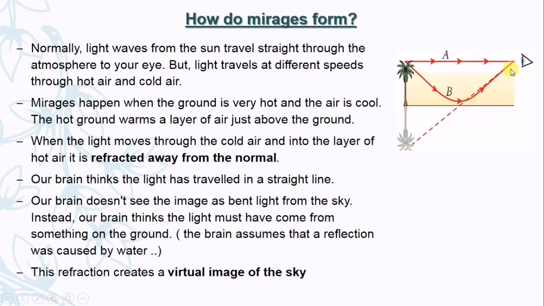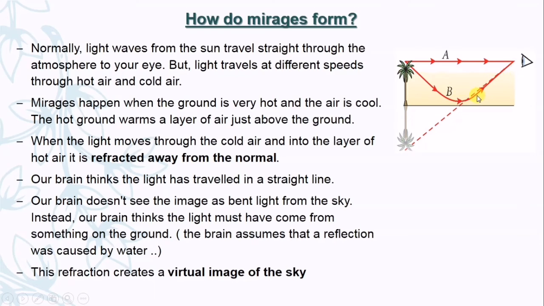Then it hits the sand and reflects into our eyes. When we are far, we get this ray which is reflected off the sand, and the brain assumes that this ray has traveled in a straight path.